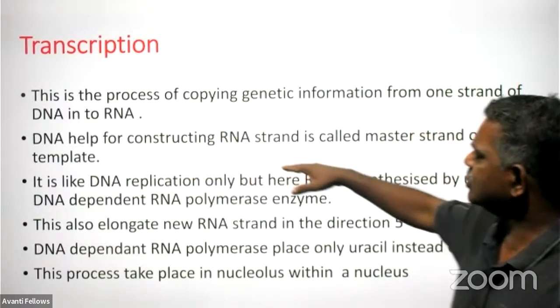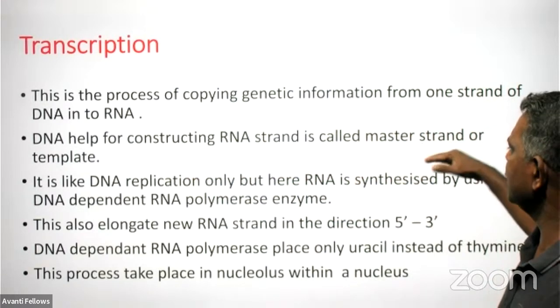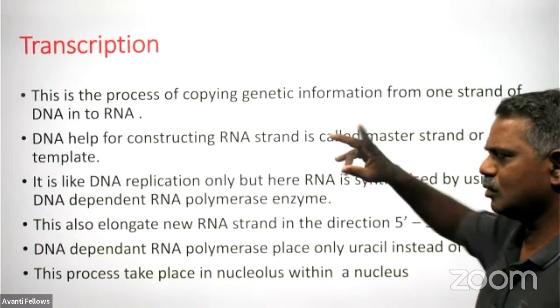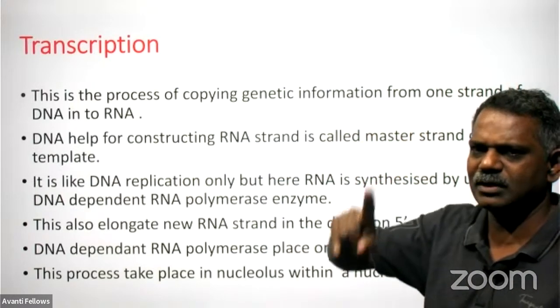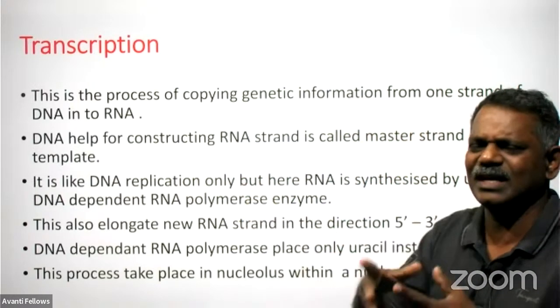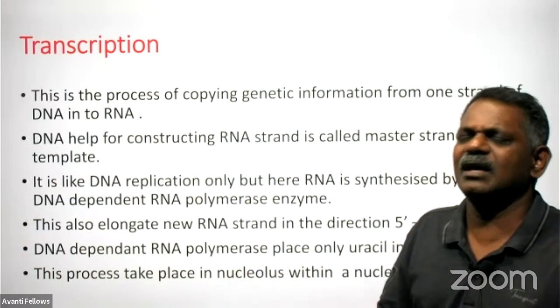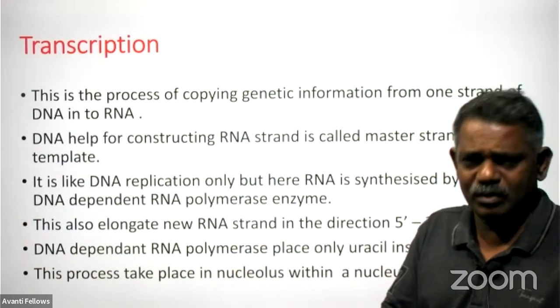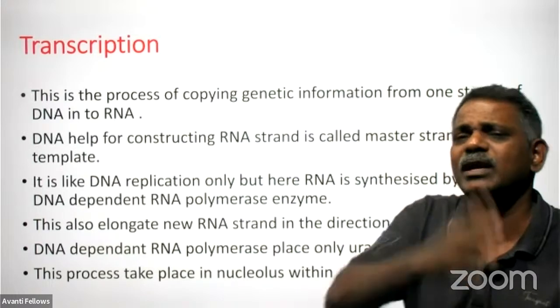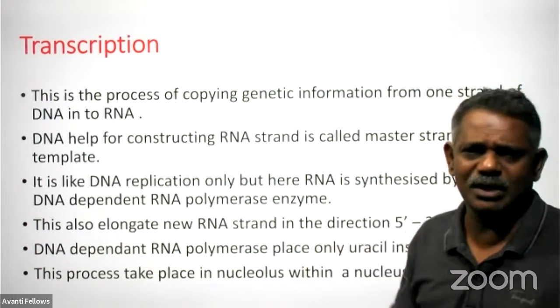The DNA strand that helps in constructing the RNA strand is called the master strand. I told you only one strand is required for synthesizing RNA. It is exactly like DNA replication, where new DNA strands are made by considering a strand as a master strand.